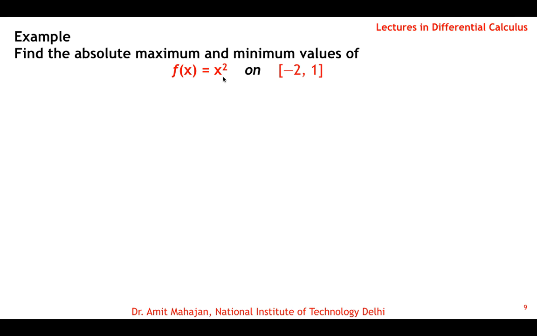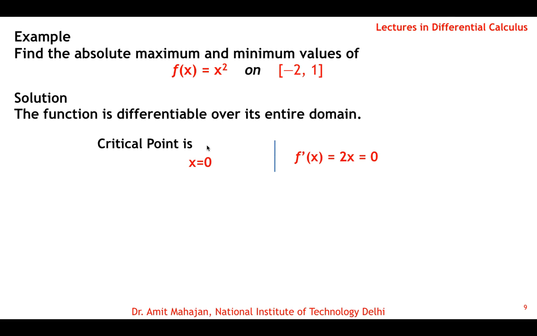So 2x equal to 0 gives x equal to 0 as a critical point, and the derivative is 2x, so there is no point in this domain where the derivative is not defined. So this is the only interior critical point, and we are given two endpoints, -2 and 1.